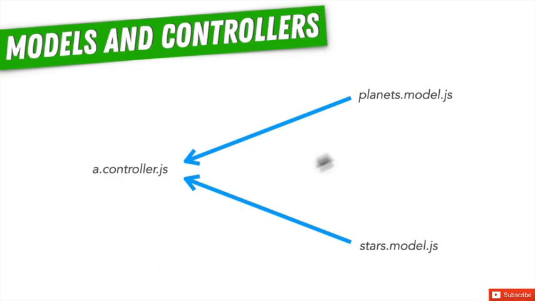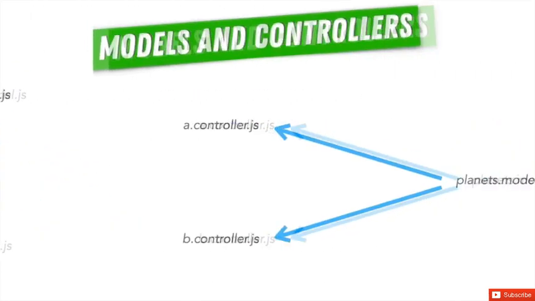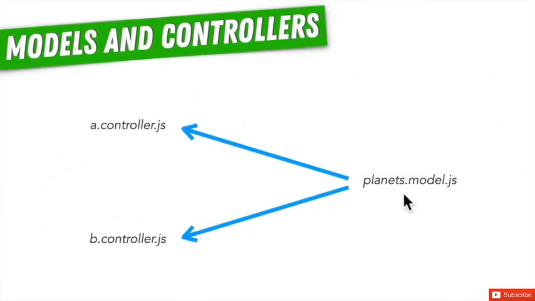We separate our models because our data doesn't necessarily match up with the collections and API endpoints and overall functionality that our API needs to support through our controllers and our routes. We might have many models being used by a single controller, or we might have one model that's used in many different routes, in different controllers.